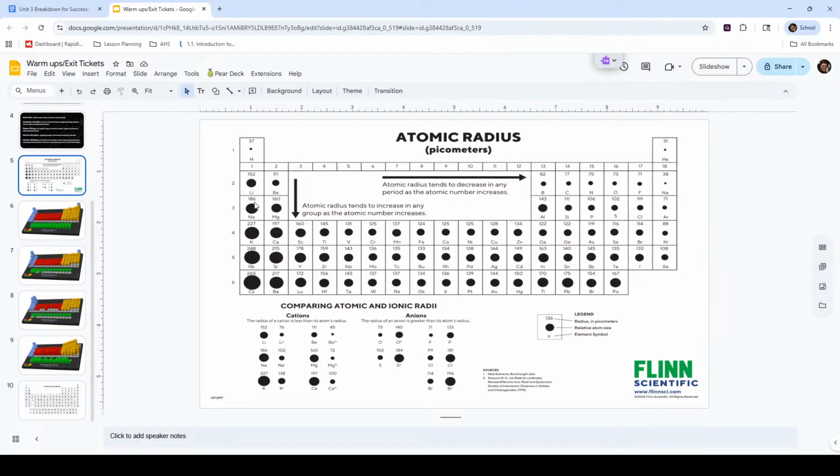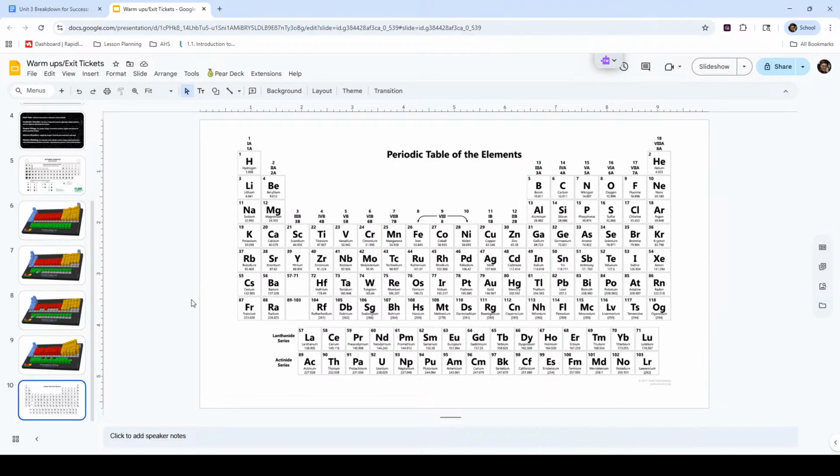From lithium to sodium, that +1 charge is holding onto an electron even further out, which is why you saw sodium react much more explosively when we did that demonstration with lithium and sodium, because it takes even less energy to rip that electron off. That has to do with the electron shielding.